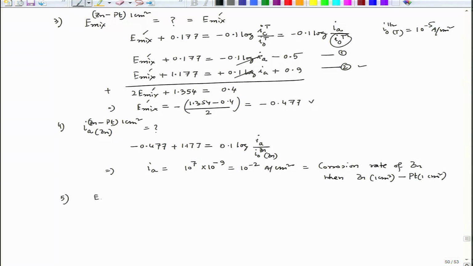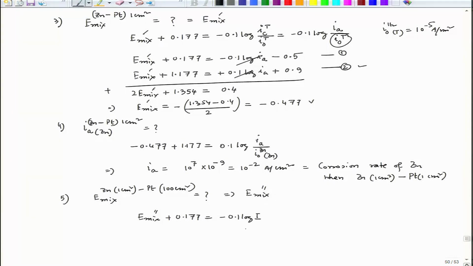So, if we try to find out E mix for zinc 1 centimeter square, platinum 100 centimeter square area. If we assume this is E mix double prime, again we can follow the similar equation solving mode. So, E mix double prime plus 0.177 equal to minus 0.1 log.